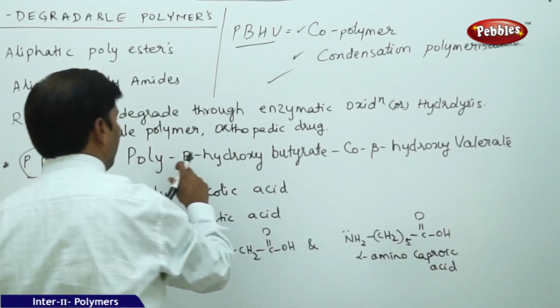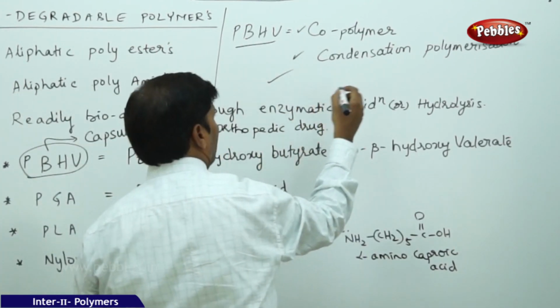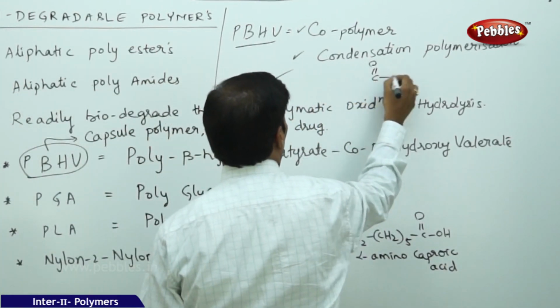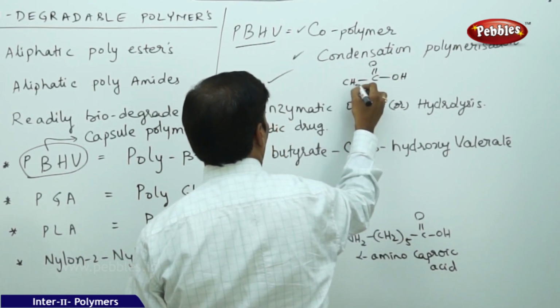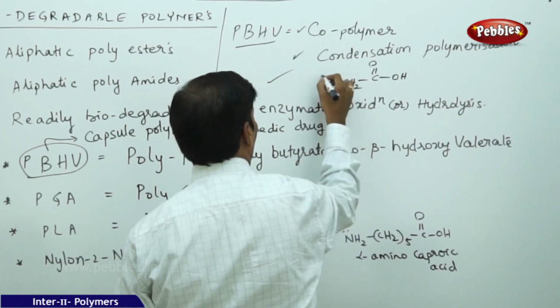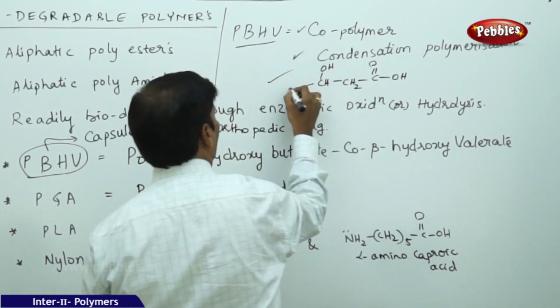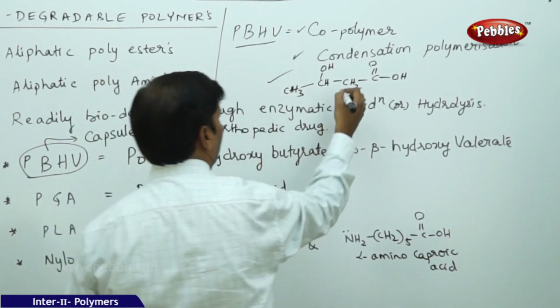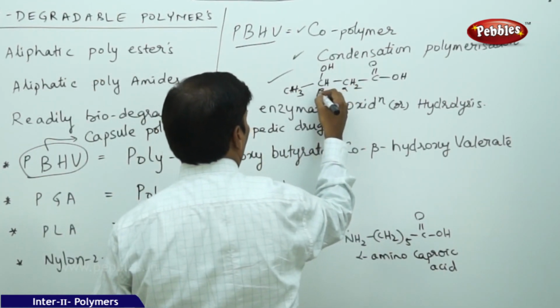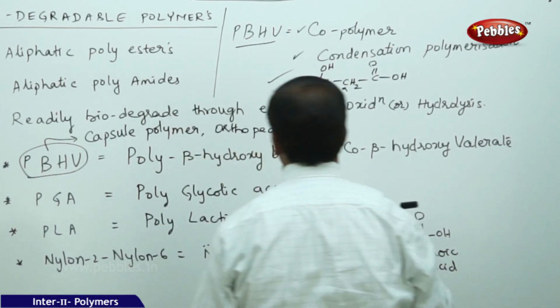Because we are saying poly beta hydroxy butyrate, I'm going to take one carboxylic acid, and here at the alpha position, this is CH2, CH of OH of CH3. This is beta hydroxy, so this is alpha and this is beta. So this is beta hydroxy butanoic acid.